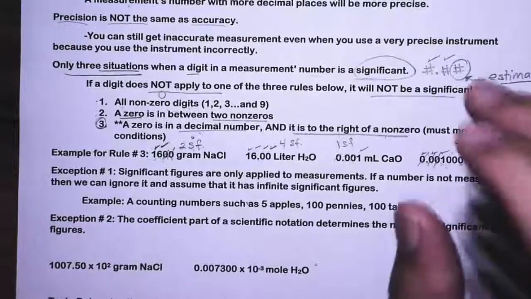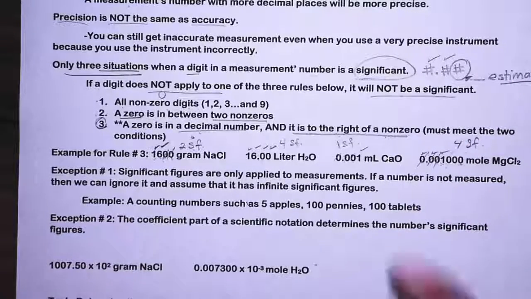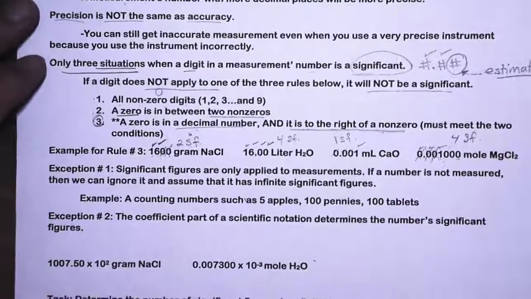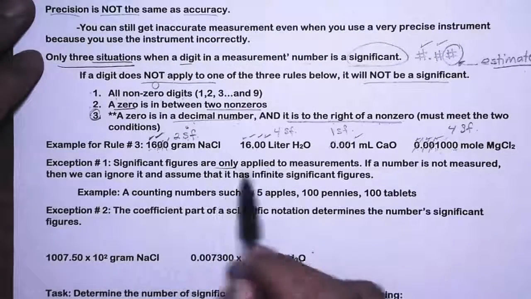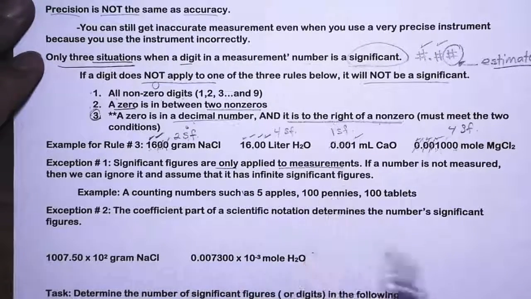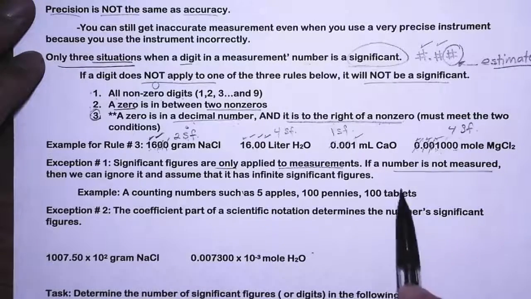Now, there are exceptions to this rule. The first exception is this. Significant figures are only applied to measurement. That is, we're using an instrument to determine the quantitative data. So if a number is not measured, we do not care about the significant figures of that number.